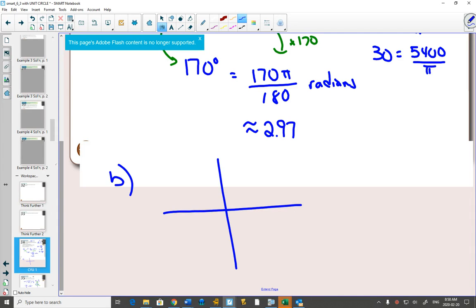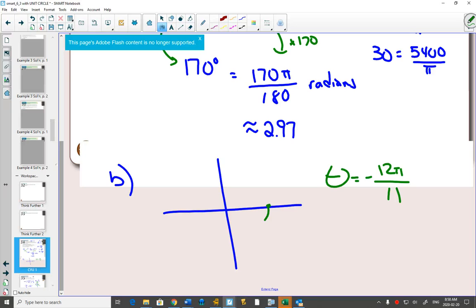we know that standard position starts from the positive x-axis. And we want to go negative 12 pi over 11 and be able to draw that in the right quadrant. First of all, the angle is negative, so just like degrees, does it make sense that we're going in the clockwise direction?